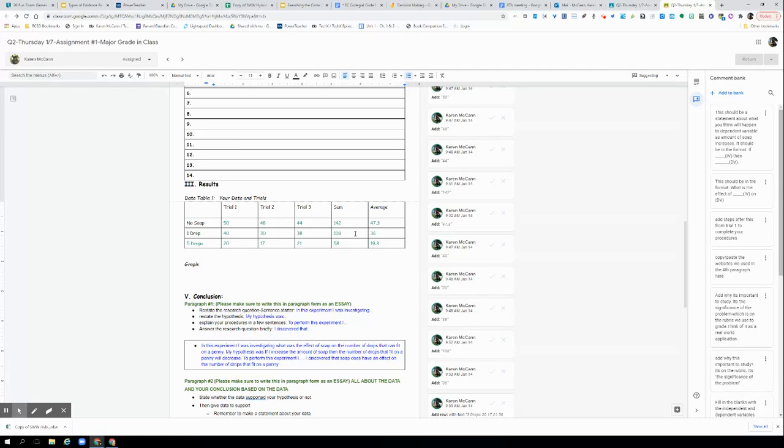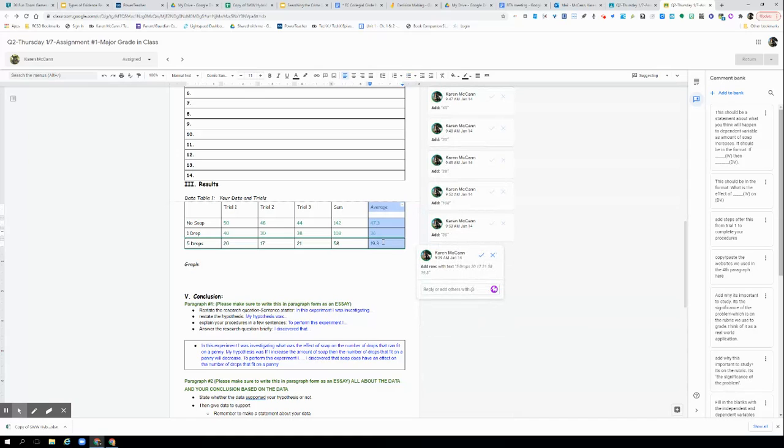I would look first in the final column that says average. This is your most trustworthy data here, because basically it's taken all of your run-throughs of the experiments, your trials, and it's averaged them together. And that kind of helps to eliminate some errors a little bit, not perfectly, but it is your most trustworthy data to look at, your average.